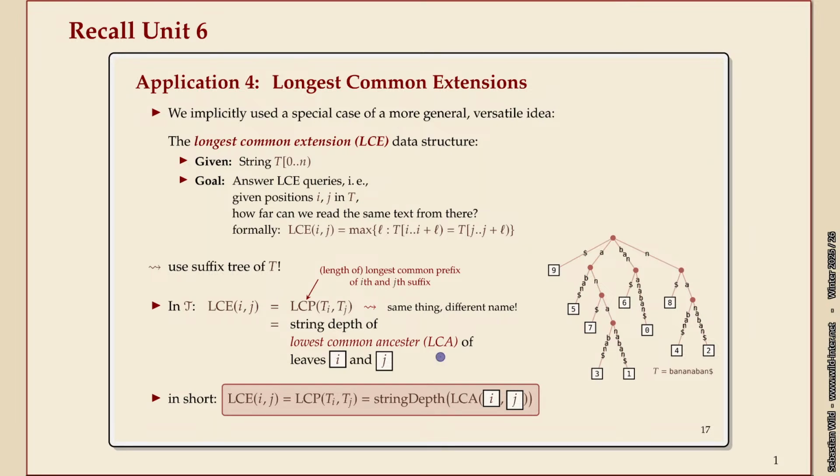You can still use the suffix tree in this way: the longest common extension of these two, if they're not adjacent, is still given by the string depth of their lowest common ancestor in the tree. But that means we have to know how to compute lowest common ancestors in a tree, which we also haven't covered. So either way, we're kind of running in circles here. But making connections between knowledge is probably still useful.